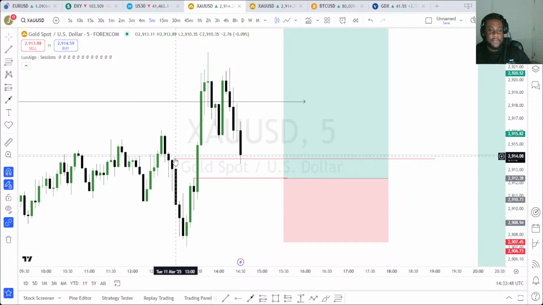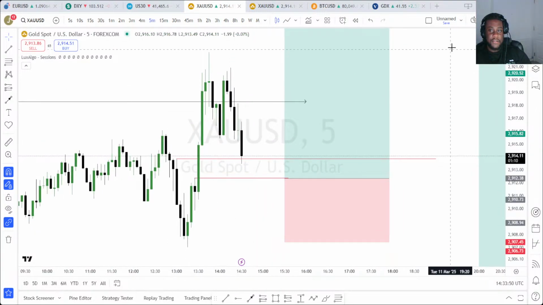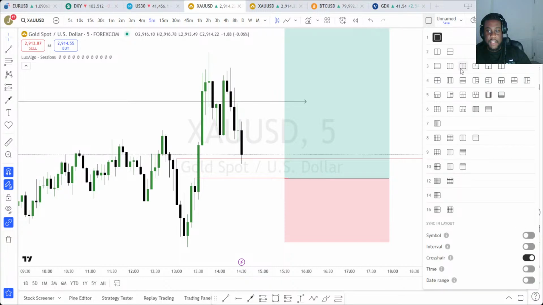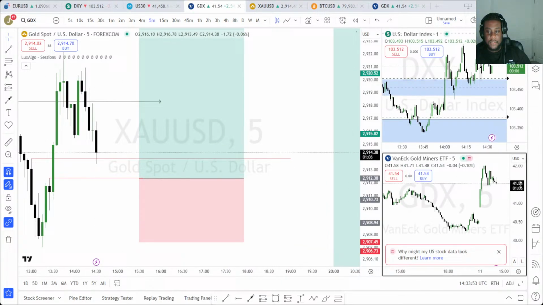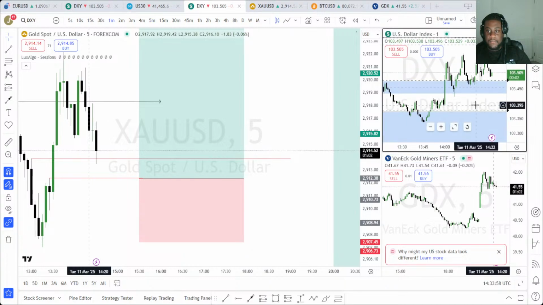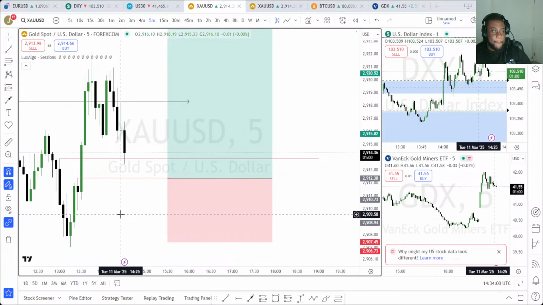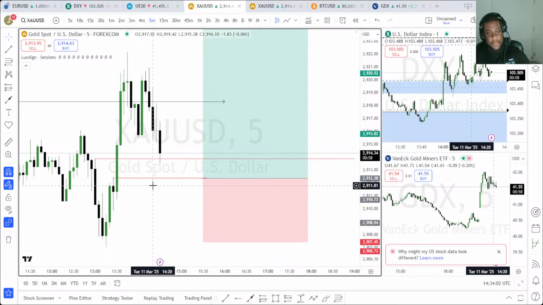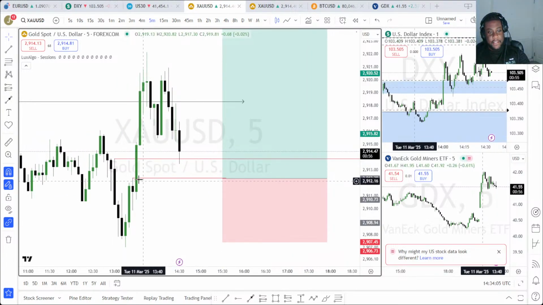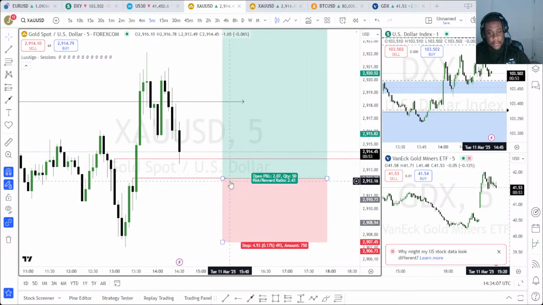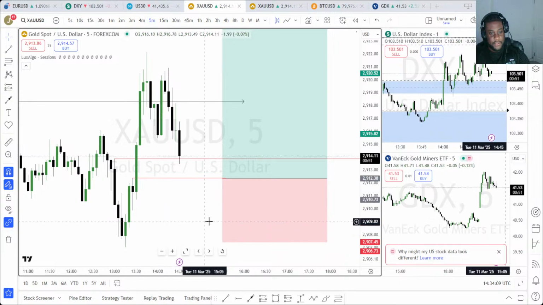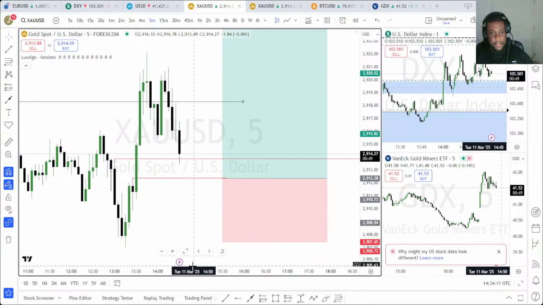Of course, market can react from here and start pushing to the upside. That's totally fine. Since we're inside the zone now, let's go split screen. Ideally, if we can see gold drop down to this level here, that's where I'm interested in taking my position.